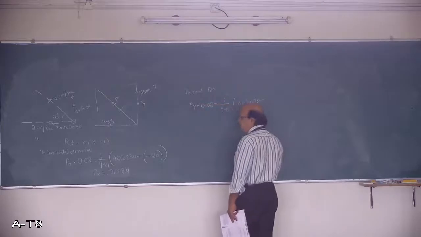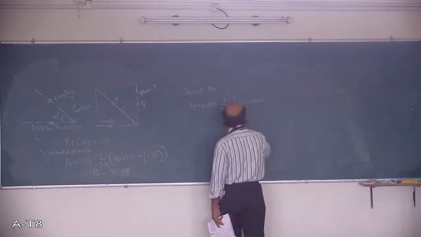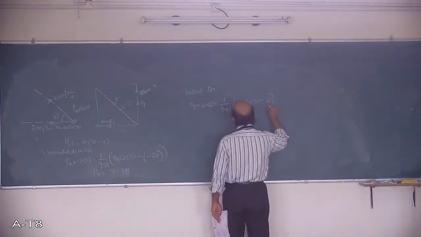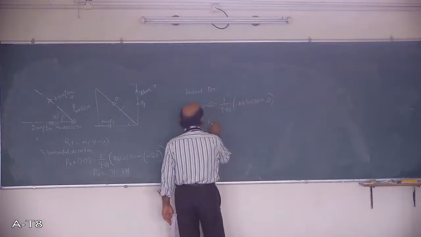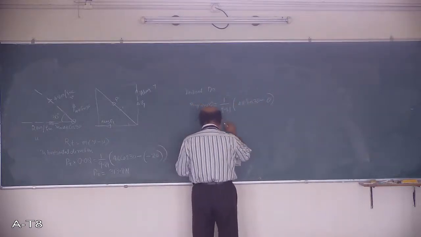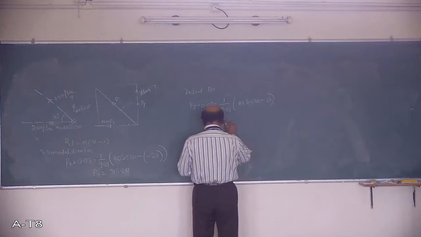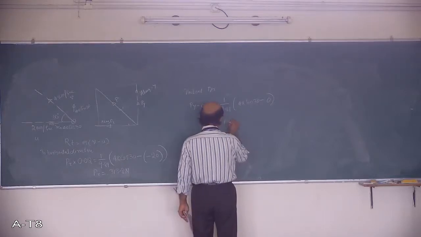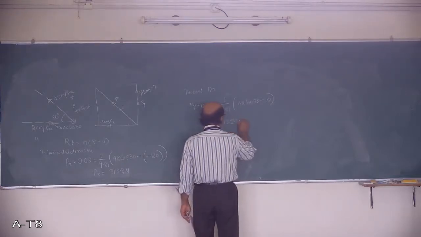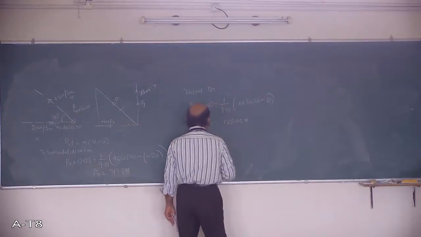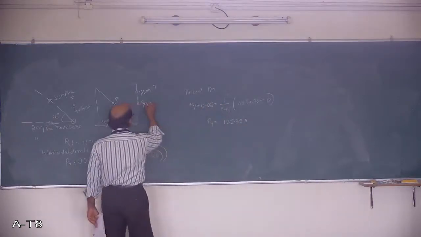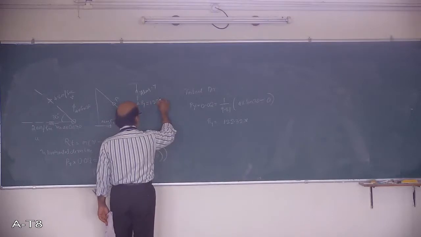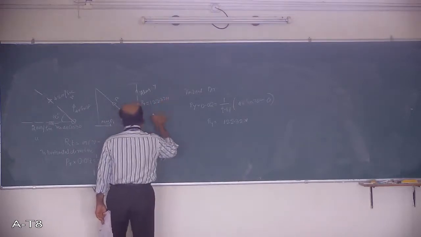As the ball is coming horizontally, it doesn't have any initial vertical velocity, so it is 0. You will get Py in the y direction, which works out to 122.32 Newton.